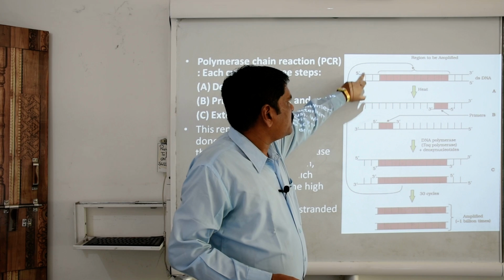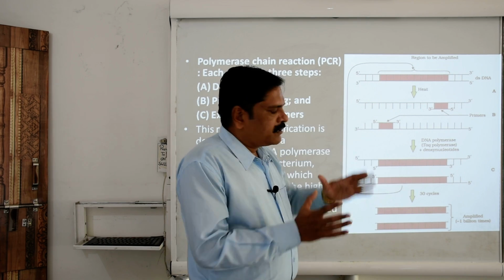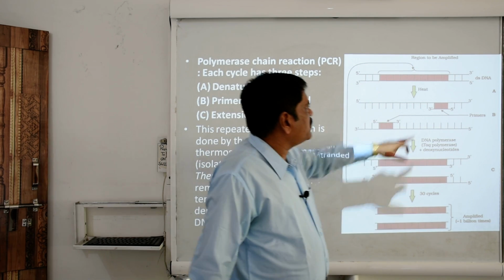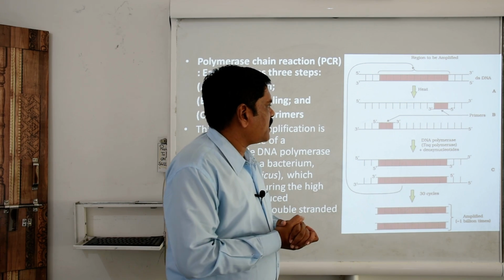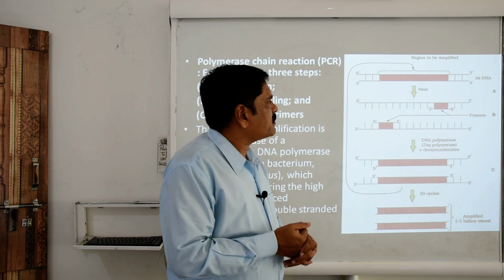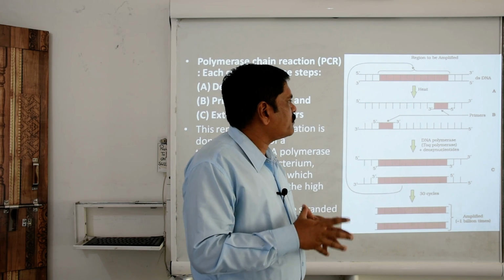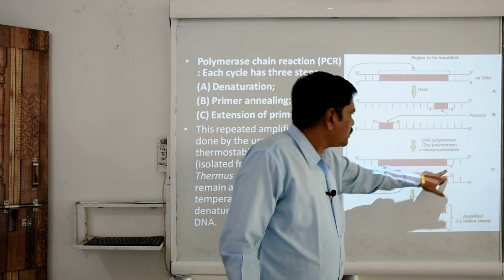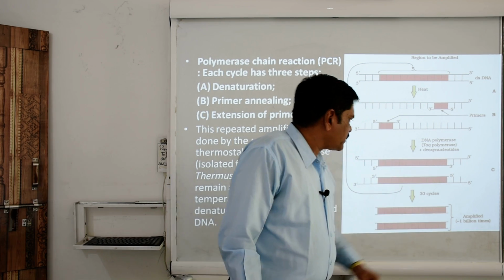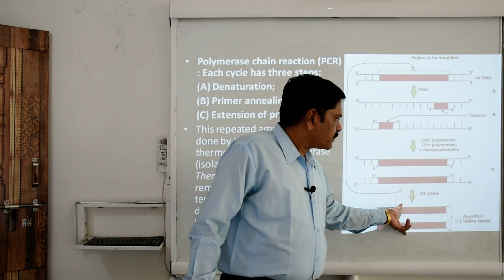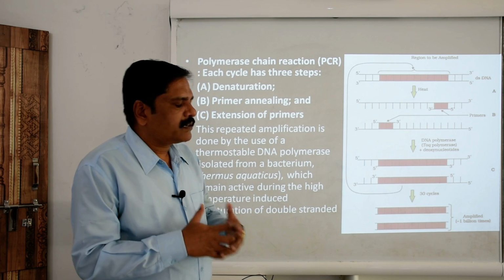This is the DNA strand, five prime and three prime, which get separated, and here we need to add the primers and enzymes. Clear? The primers work with the polymerase and make the complementary strand here and the complementary strand here, and you may observe this amplified DNA.